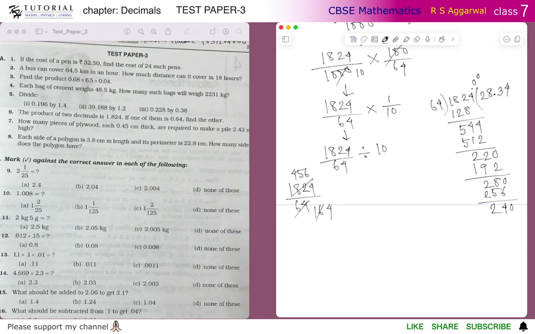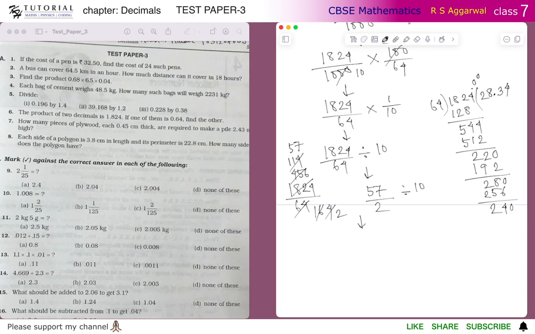So after reducing the fraction 1824 by 64, it becomes 57 by 2, divided by 10.